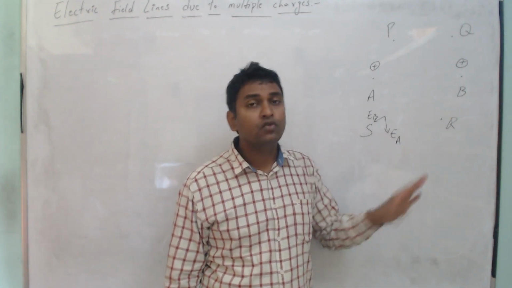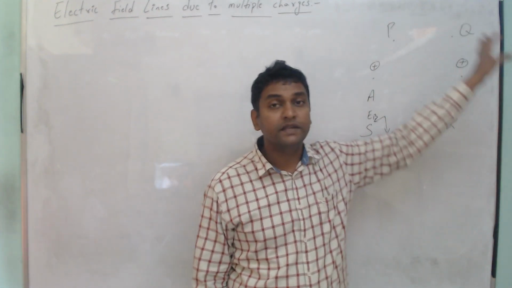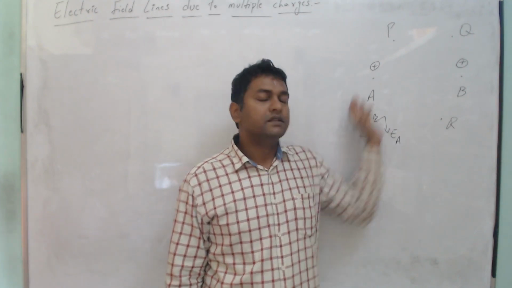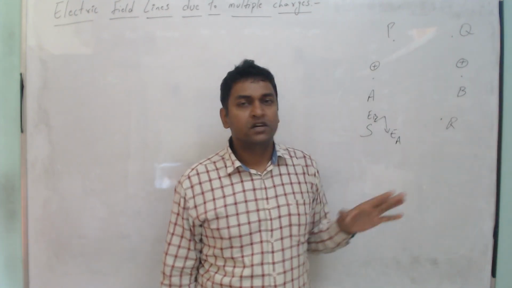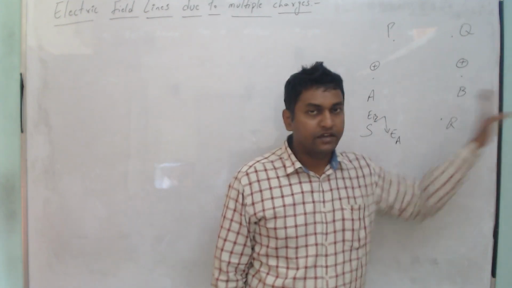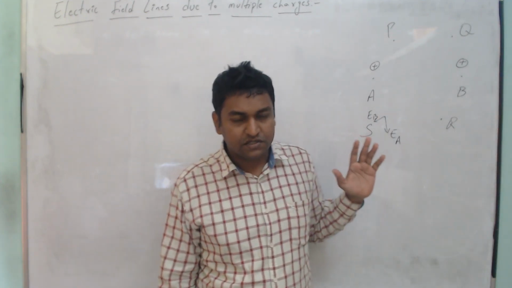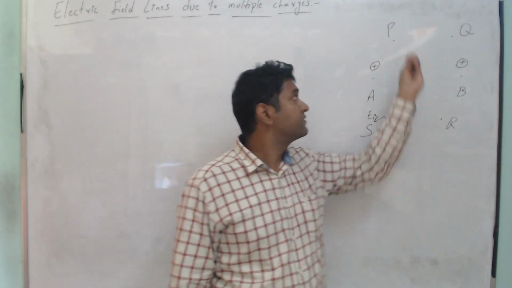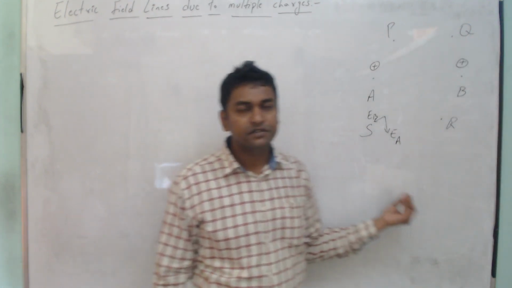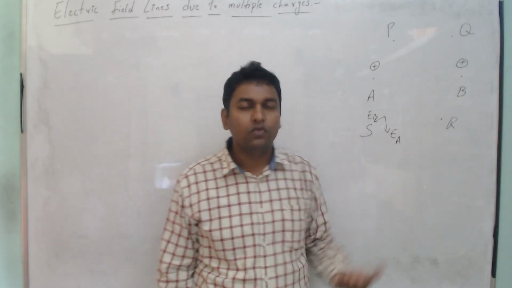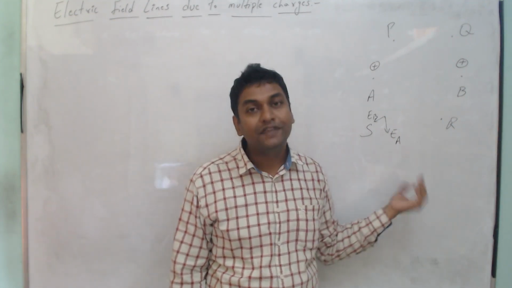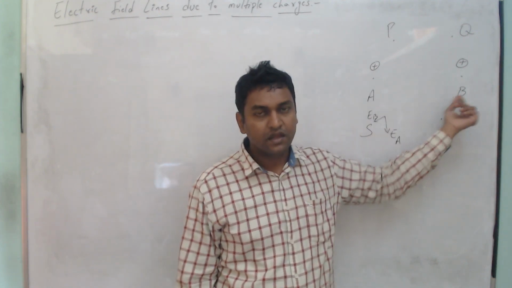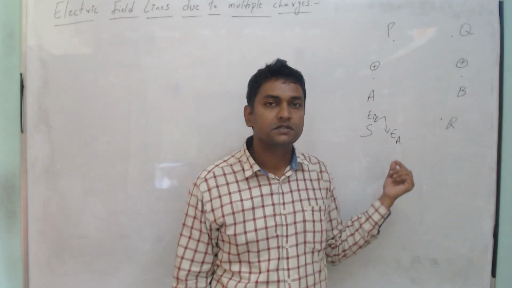For this, I do not require any charges to be placed at PQRS. Yes, sir. In this entire story, there are only 2 charges that are placed at points A and B, and both are positive charges. Yes, sir. After that, I have chosen 4 random points so that I can figure out the direction of the field line due to these 2 charges at those points.